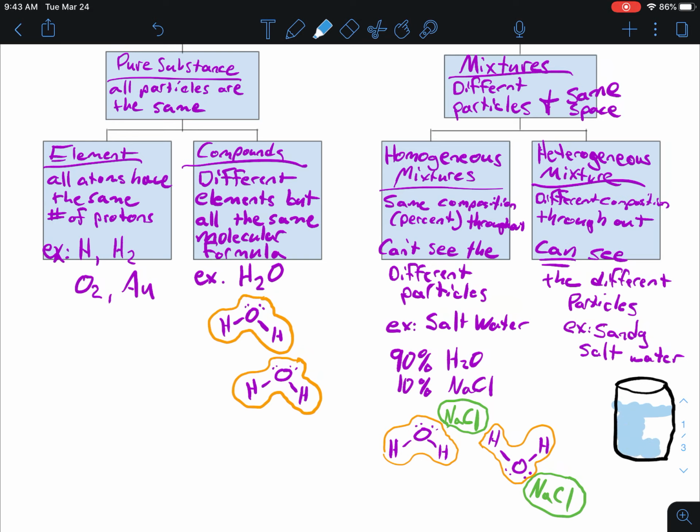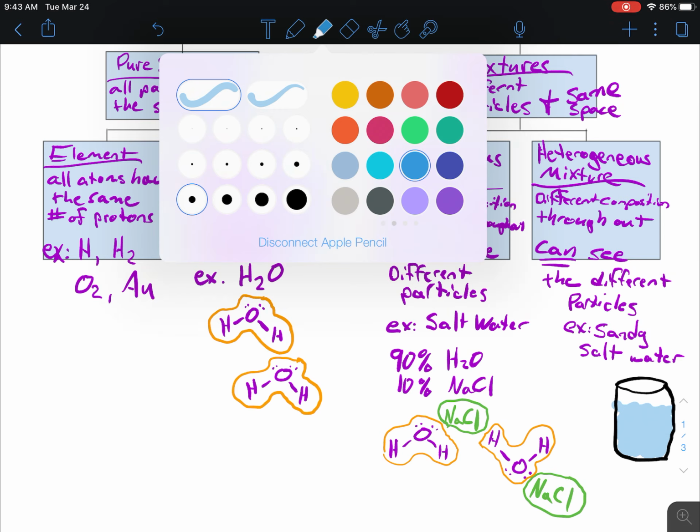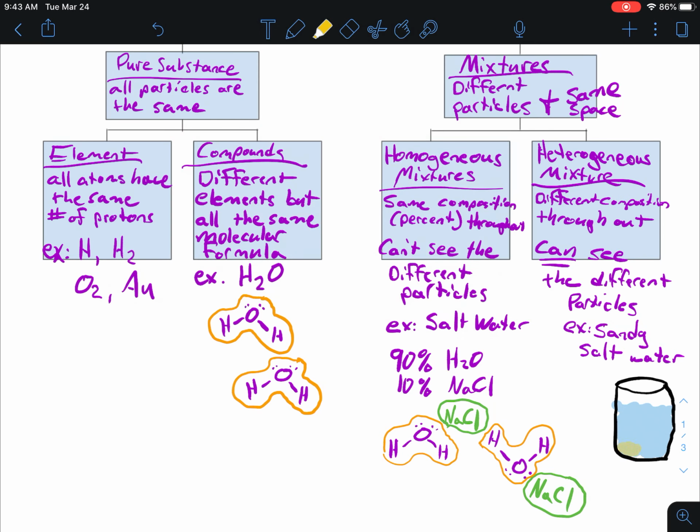But give it a minute, give it a couple minutes, and you will start to see the sand settle to the bottom. As that sand settles, you're seeing it's clearly heterogeneous. That sand is not evenly distributed through the salt water. You still have H2O and NaCl up here evenly distributed, but the sand is not. The sand is what makes sandy salt water a heterogeneous mixture because it is not evenly distributed. It falls out of solution.